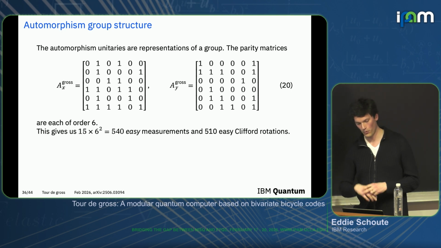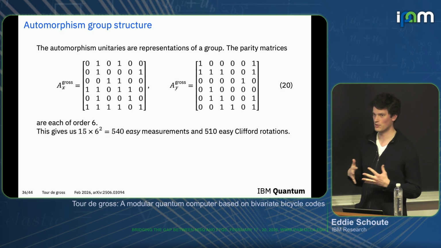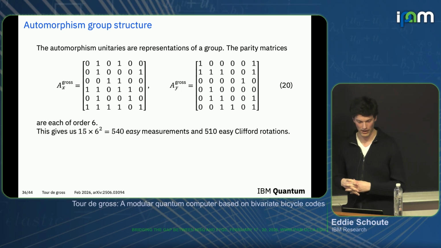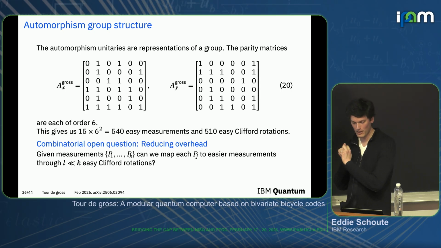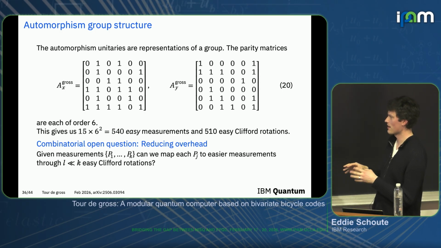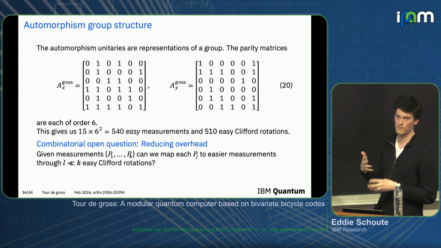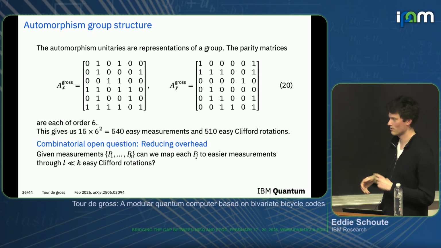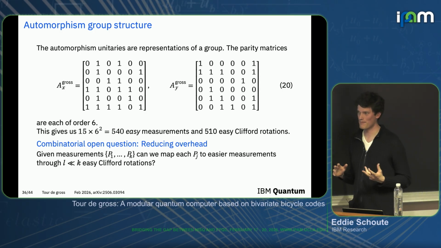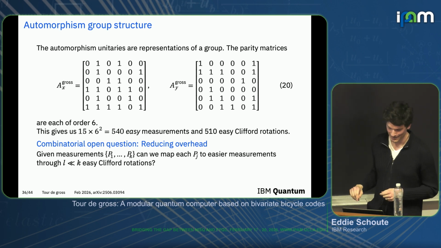And the full Pauli group is 4 to the 12, which is quite a bit larger than 540. So if you give me a bunch of these Pauli measurements that we wish to perform, can we map each of these measurements to some easier form by conjugating with a shared Clifford rotation so that all of them become easier? So that's an open question I thought fitting for an applied math workshop.